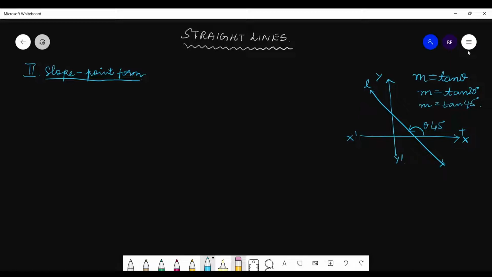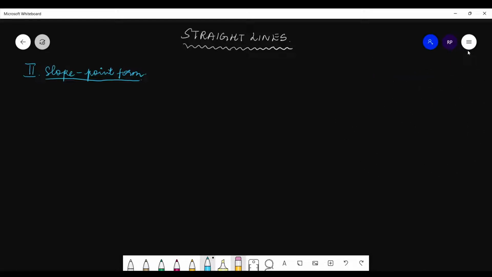Now we can also find points on this line, correct? So we are going to relate the point with the slope. How can we do that? Let us look at the derivation for this. First, consider the coordinate axis. This is the y-axis, x-axis, x dash and y dash.